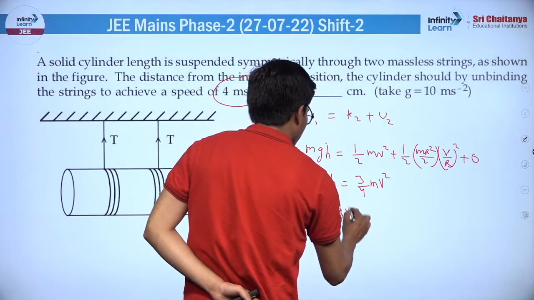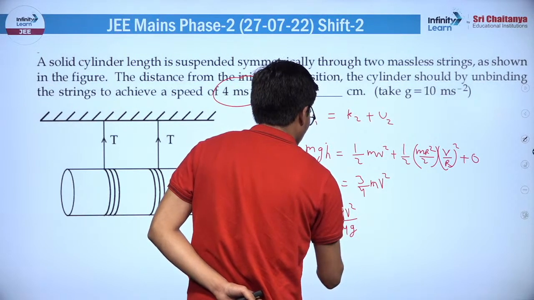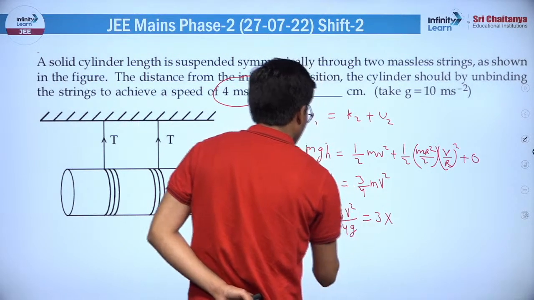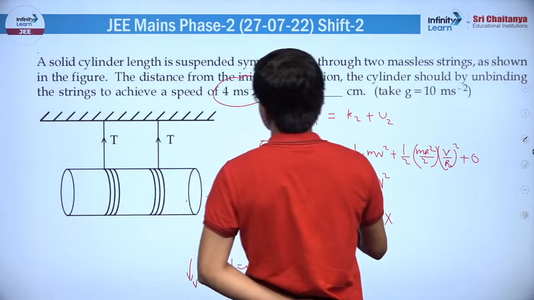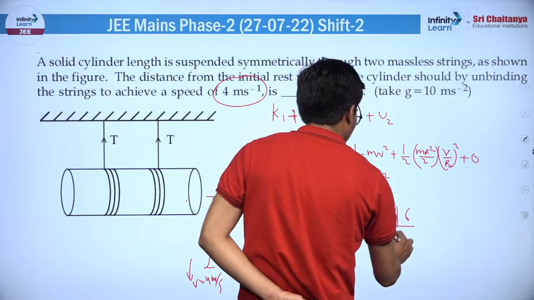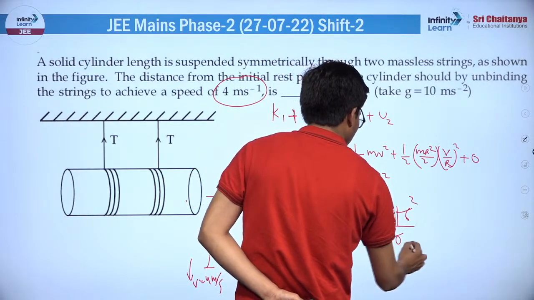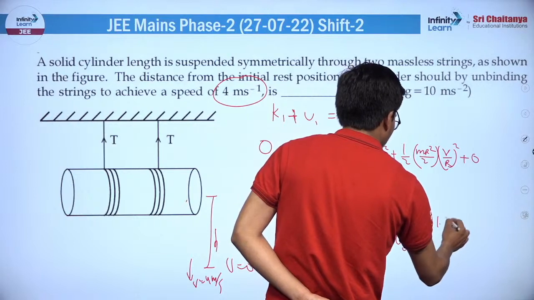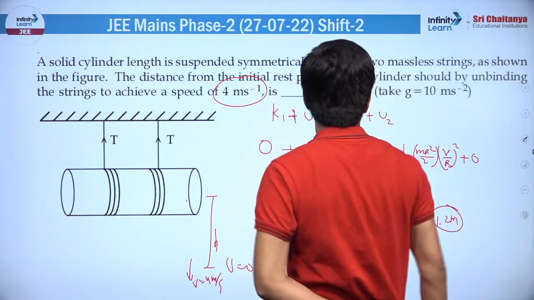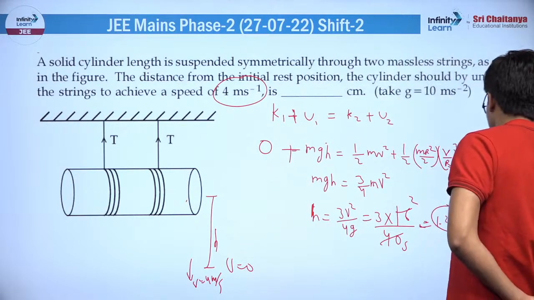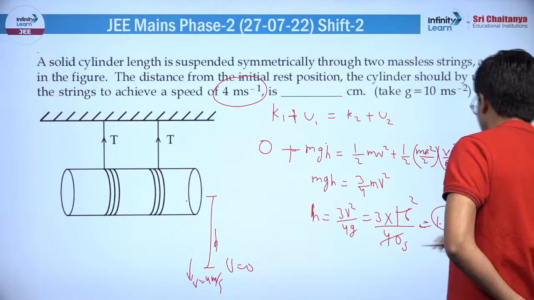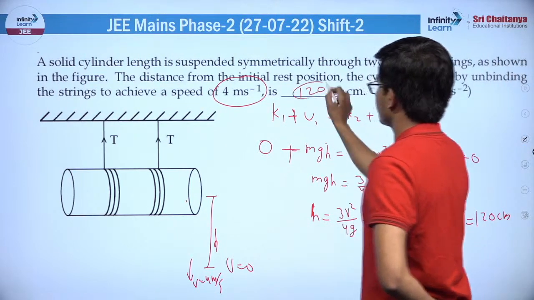So it will be 3v square by 4g. 3 into v square is 16, that is 48 by 40, which is 1.2 meter. That means 120 centimeter is my final answer.